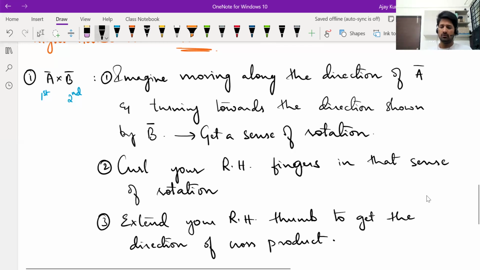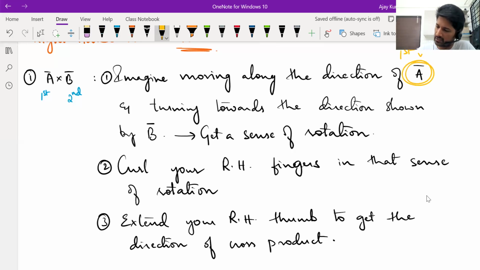So you have to move along the direction of, instead of A, I think it's better if we write, first vector, and turn towards the direction shown by the second vector. If you do that, you will get a sense of rotation. Then you will have to rotate your right hand fingers that way, whether it is this sense or this sense, that you will have to first visualize and then rotate accordingly. Then the thumb will show you the exact direction of the cross product.